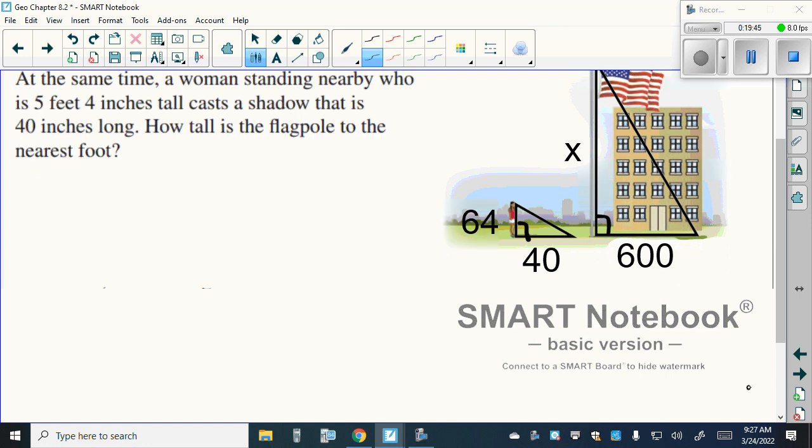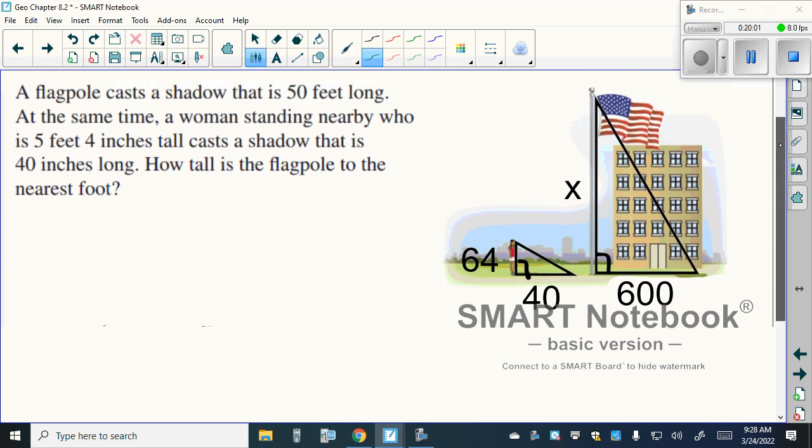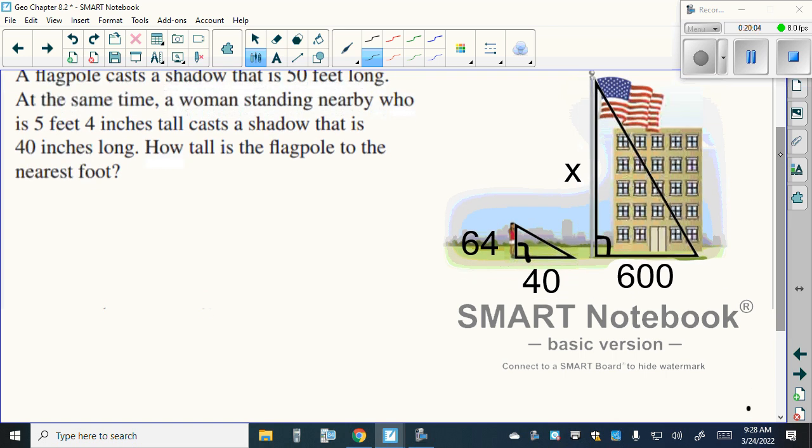Now, they gave it to us in feet and inches. And for us to be able to work this, we need it all in the same units. So it's going to be easier to calculate this in inches than it is to do it in feet, because feet is going to give us some weird decimals, especially for 4 inches, because that would be 4 over 12, which reduces to 1/3, which is 0.3 repeated.